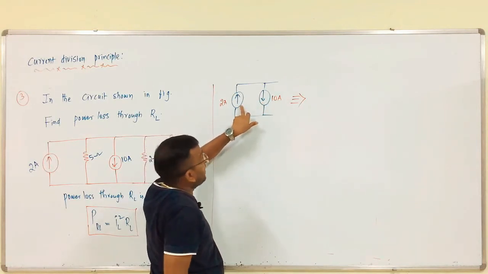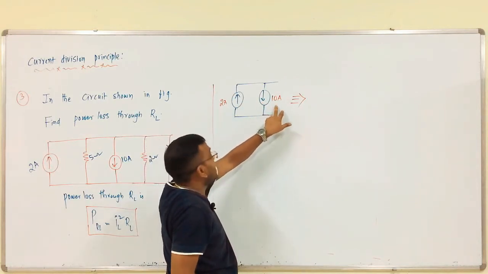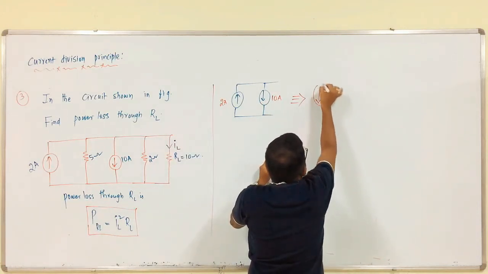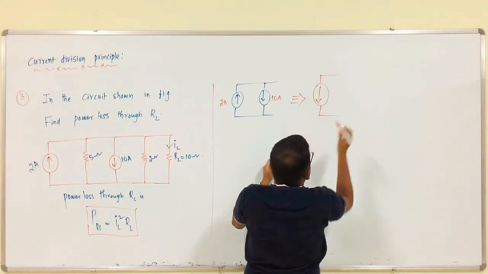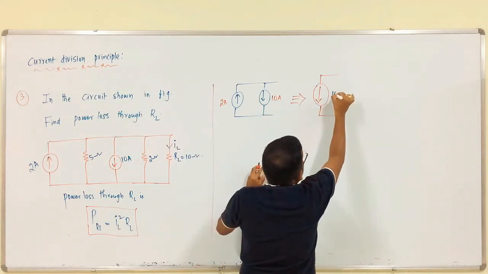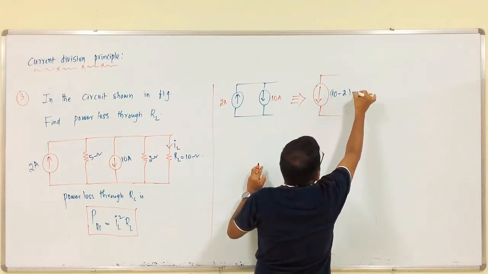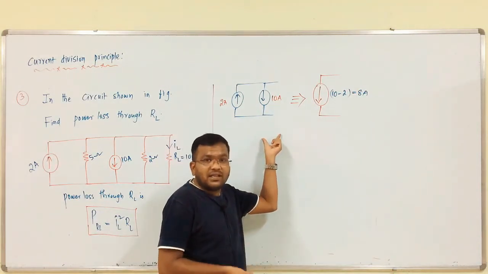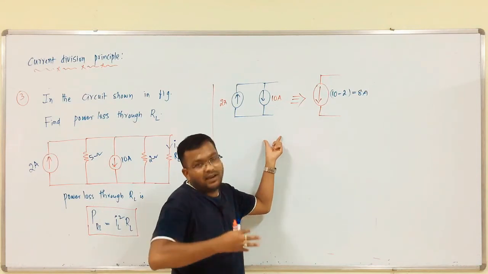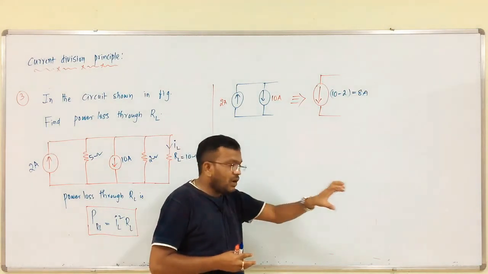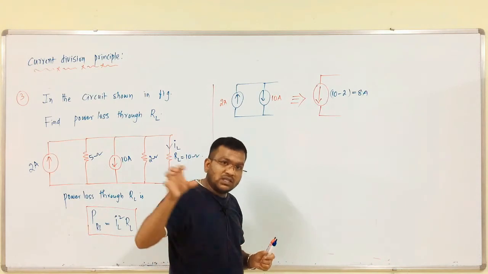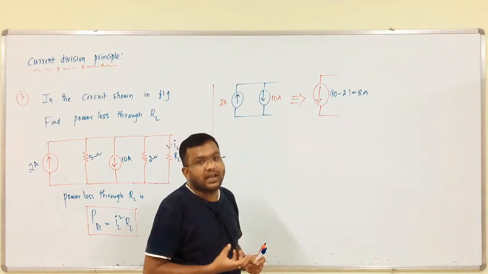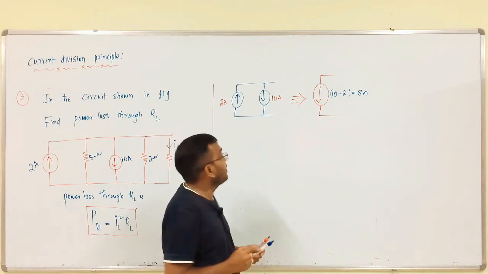The most dominant source is the 10 amps, because it has the larger value. Therefore, the equivalent source is 10 minus 2, which equals 8 amps. We will discuss these simple tips and tricks after the discussion of KVL, where we consider voltage sources and current sources.